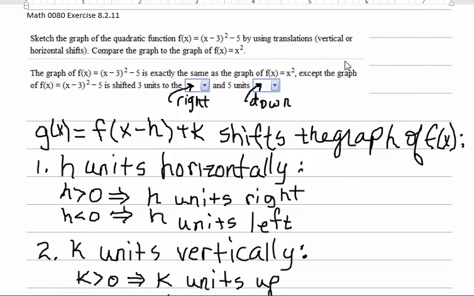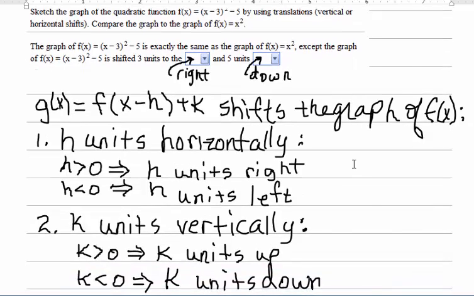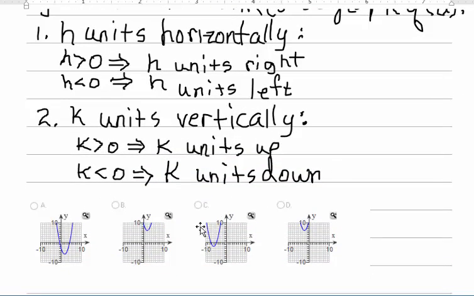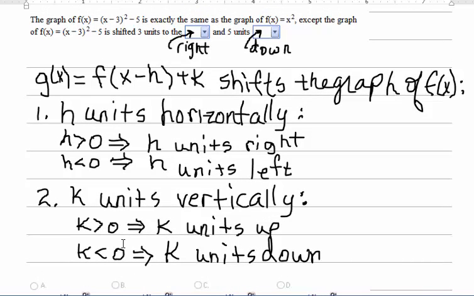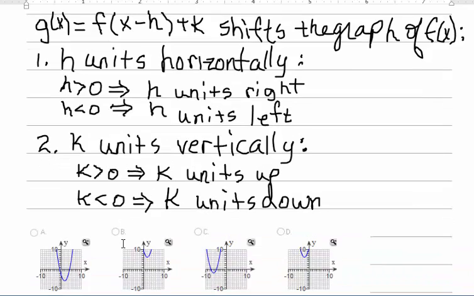Okay, so we know if we graphed f of x equals x squared, that vertex would be at the origin. But we've actually moved the graph 3 units right and 5 units down.